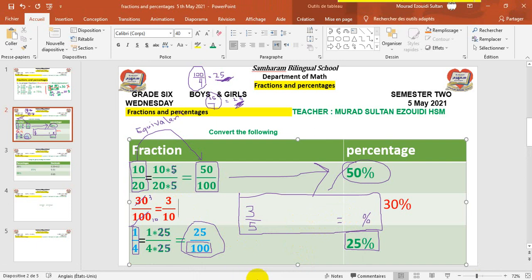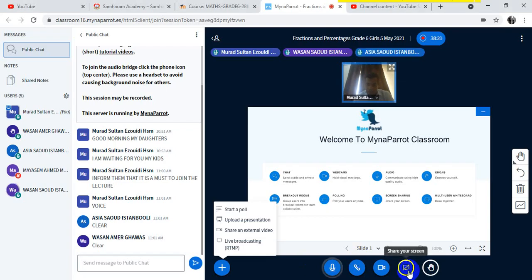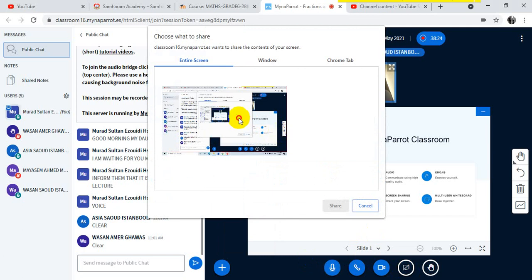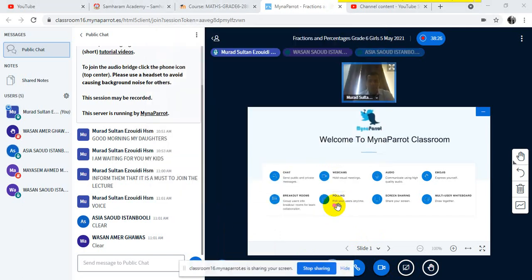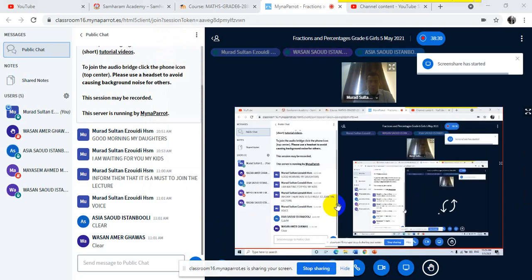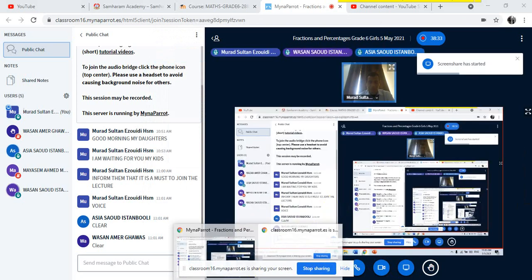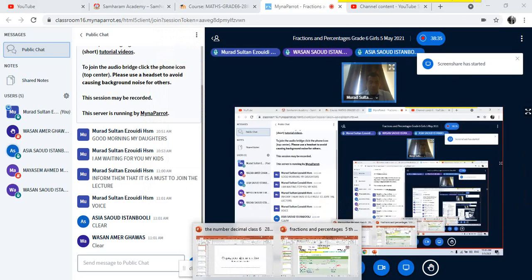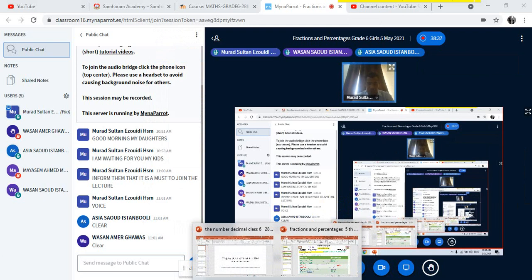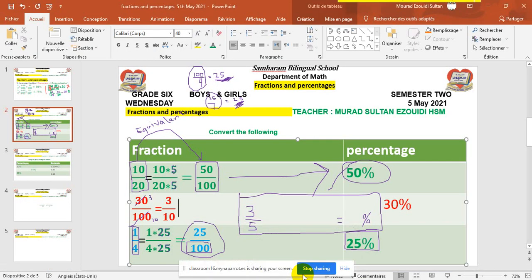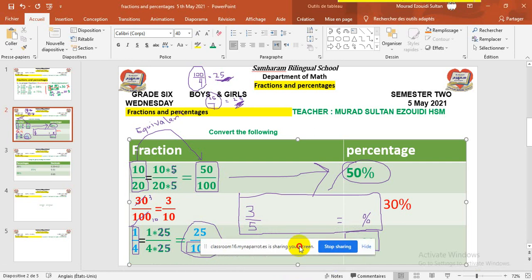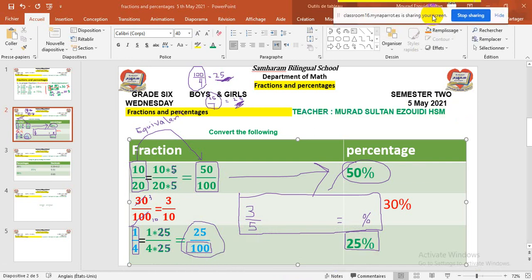You cannot see. Okay, sorry. I will share. Sorry for that. I forgot to share this. Sorry, my daughter. Okay, now Asia, I thought she is our moderator now, and we will see what she can do. We are all of us seeing what she will do exactly. Try to write something, my daughter, on the screen.